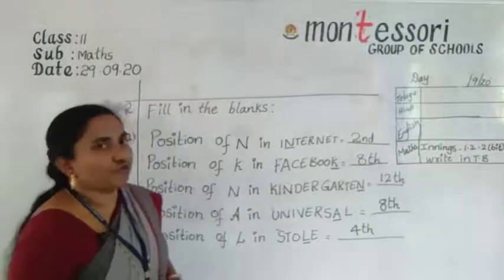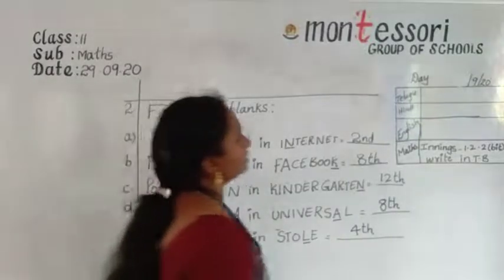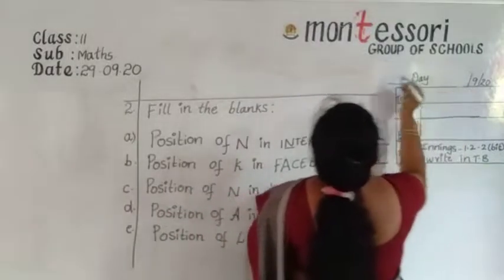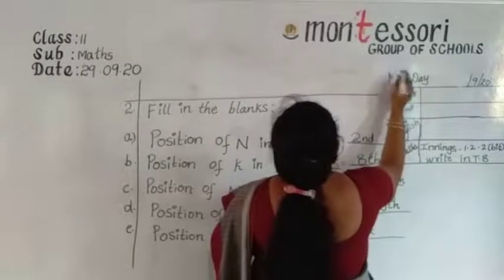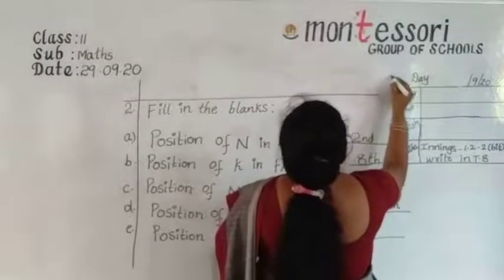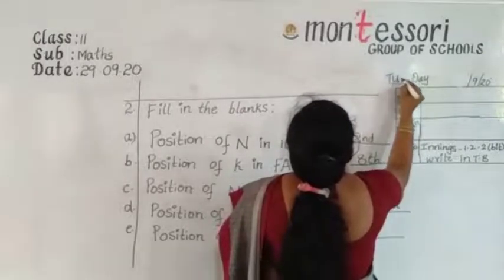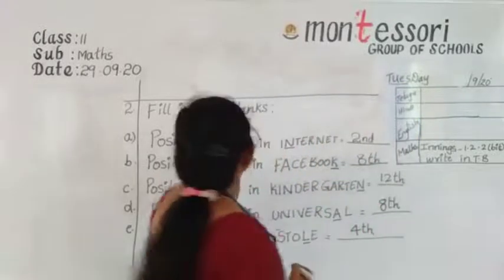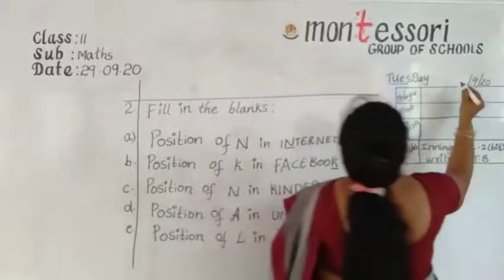Now take your diary, all of you, and write day and date. Day Tuesday and date 29.